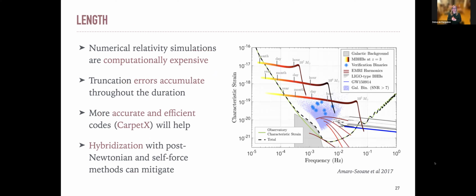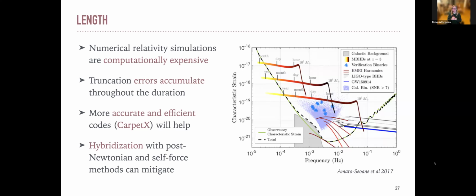And then there are also questions of length. I've already mentioned how binary black hole simulations take days, weeks, months even to run, depending on the system, because they're very computationally expensive. And additionally, while we don't make any physics approximations in the binary black hole case, we are discretizing onto a grid, and that introduces errors.